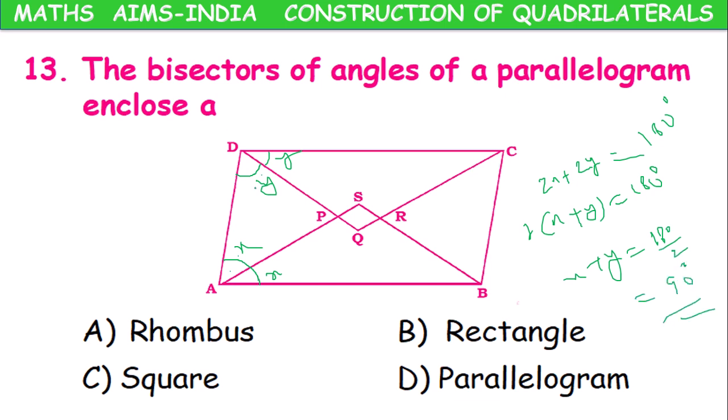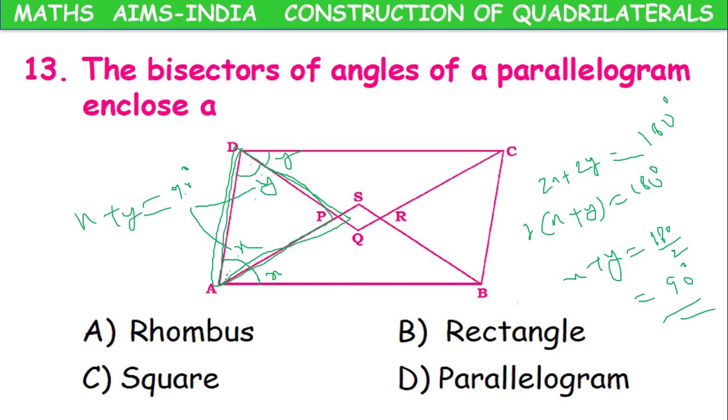So in this triangle APD, x plus y equals 90 degrees. But the sum of 3 angles in a triangle is 180.